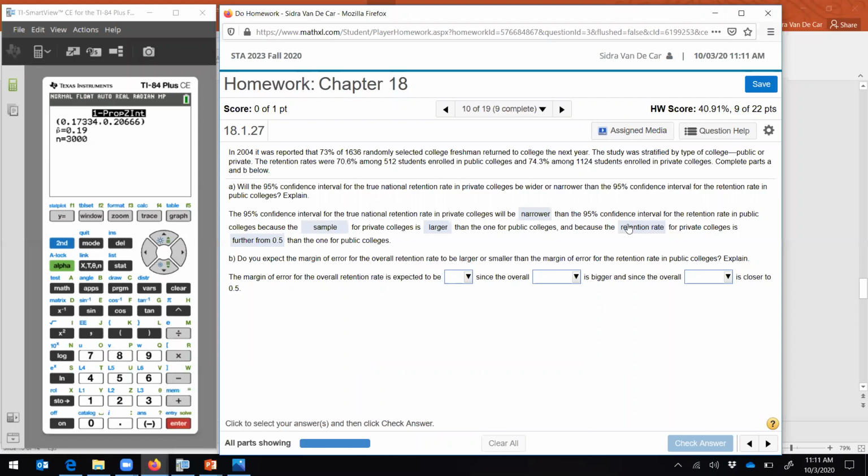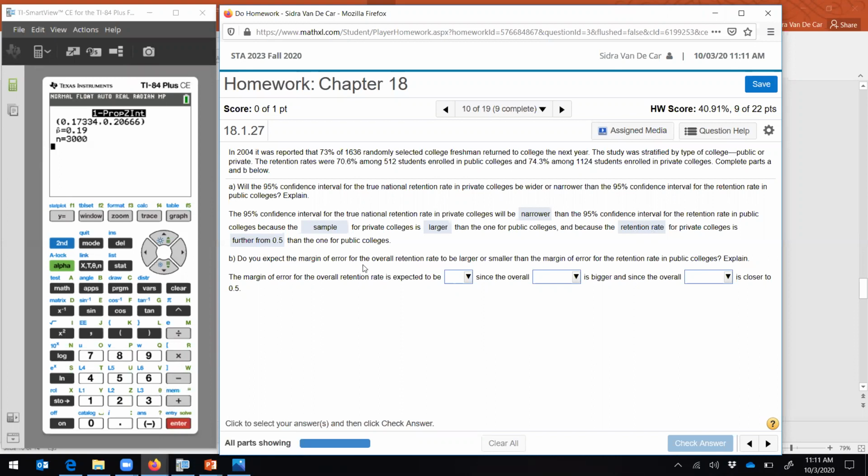I apologize. I'm going to have to think a little bit more why that retention rate's making a difference there. That second part of the question is not coming immediately to my mind as to why that's affecting the width of the confidence interval. The sample size certainly is. So if I think of that, I'll come back to it in a moment.